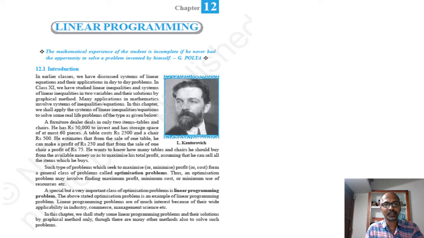The situation is that a furniture dealer is dealing only with two items. One is table and the other one is chairs. He has an amount of 50,000 rupees in his hand, only 50,000 rupees to invest.